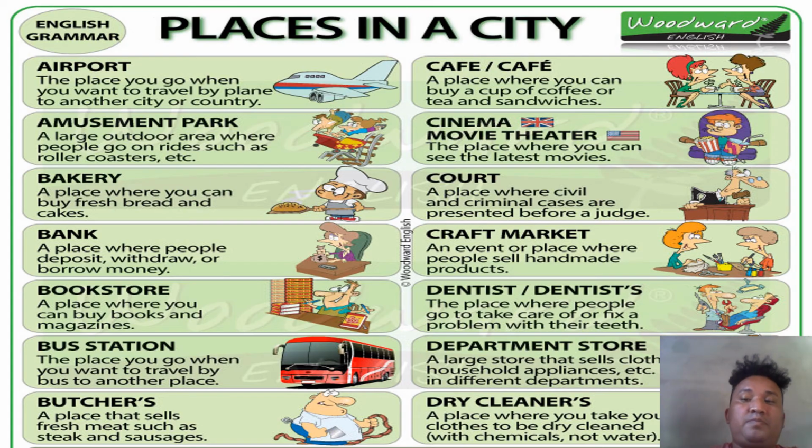Let's continue. I include places in the city because sometimes if someone asks you where is, for example, where is the airport, you have to use the verb to be to give directions. That's why I include the places in the city because sometimes you have to use the verb to be to answer questions about the places in the city.